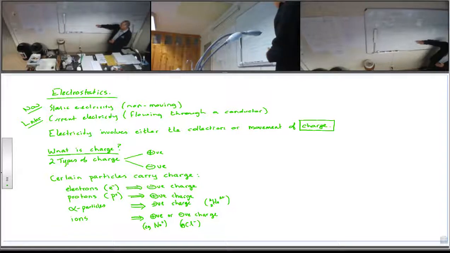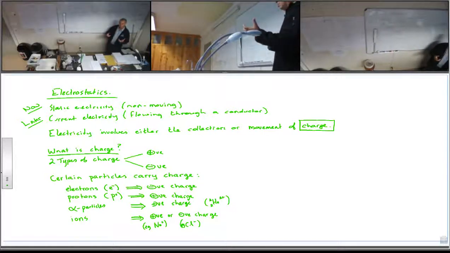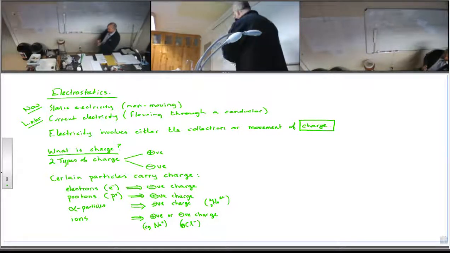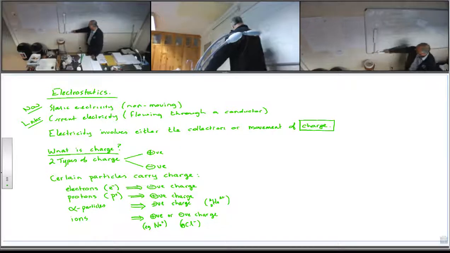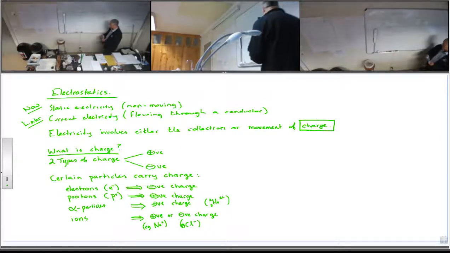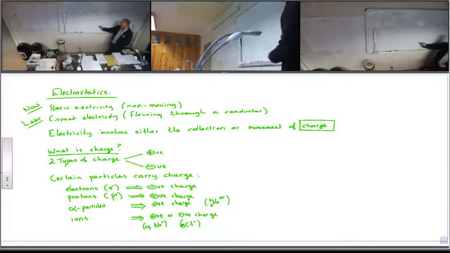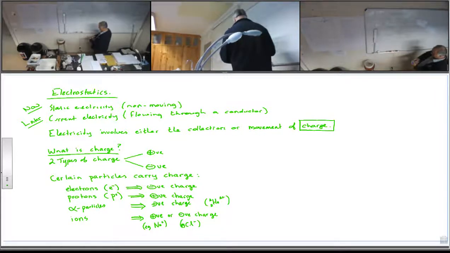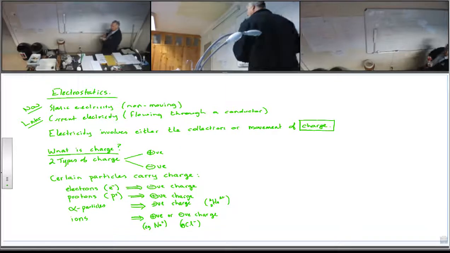Now, which of these four types of particles, electrons, protons, alpha particles, and ions, are the genuine charge carriers? Electrons and protons. Because if we look at alpha particles, what are they really? Let's draw an alpha particle. It consists of how many protons?